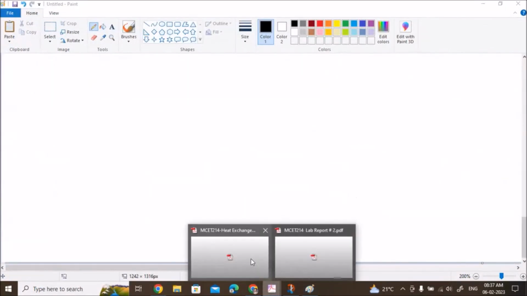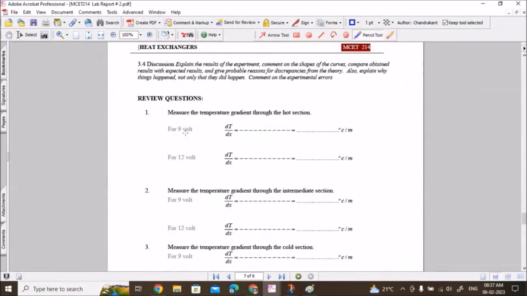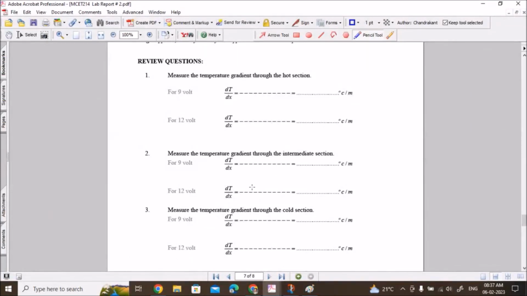Okay, now for 9 volt dt by dx, write here T6 and dx and write the calculation, put for 12. 9 volt same as 12 volt for intermediate section, and this is a steel section, intermediate section, steel section. So we can find out from there what I wrote here.